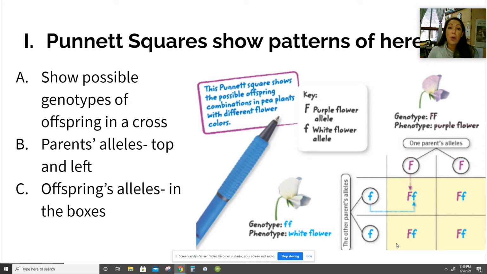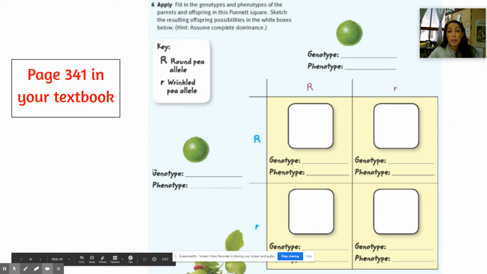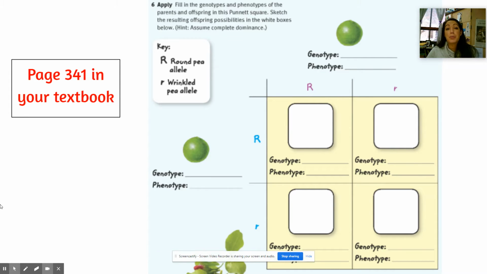But if you only have one capital letter, so one dominant trait, then that's what's going to show in your phenotype. So my offspring are all going to be purple. If I cross this purple flower with this white flower, I have a 100% chance of all of my offspring being purple offspring.